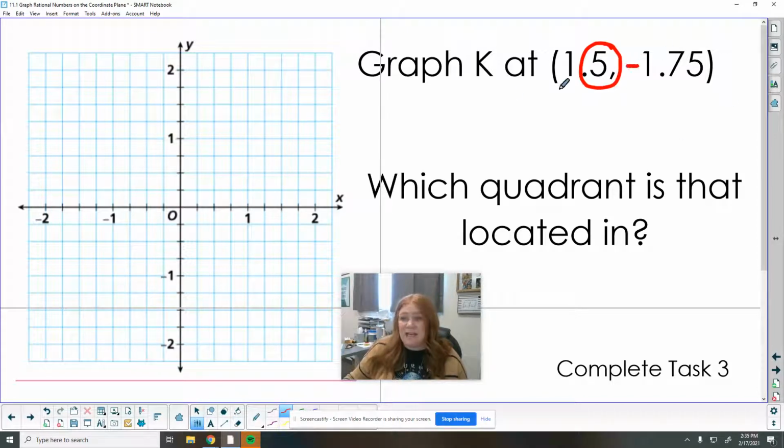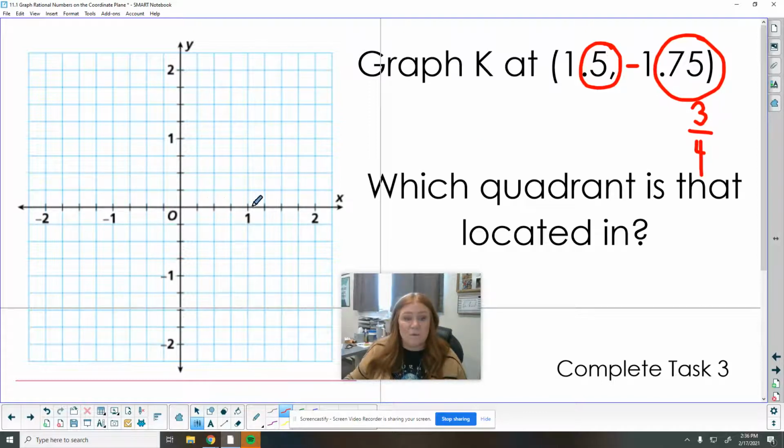And then we've got a negative. So we're going to go down 1.75. Think about this as money. How many quarters is 75 cents? That is 3. And I notice here it has 1, 2, 3, 4 spaces. So I can break that into fourths and find 3/4 of that.